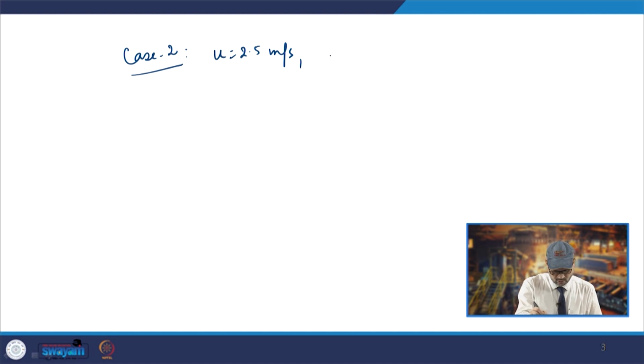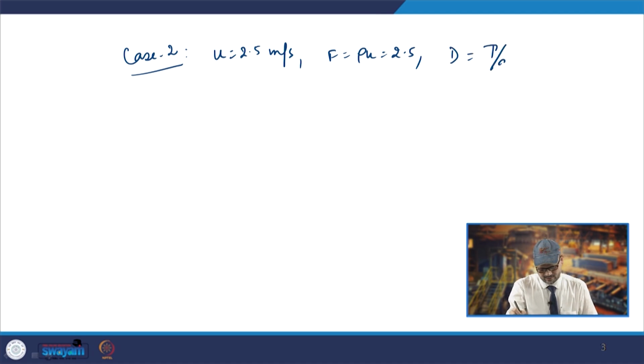So, your f becomes rho u, that is 2.5, and d will be tau upon dx, so it will be 0.5. If you look at the Peclet number f by d, it will be 2.5 by 0.5, that is about 5. In this case again you will be getting the same matrix, and if you try to further solve.